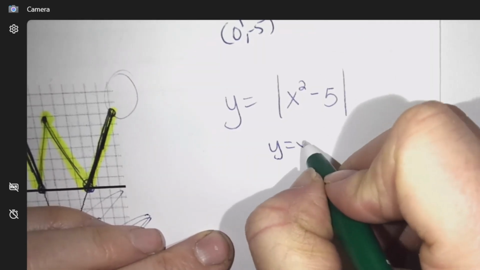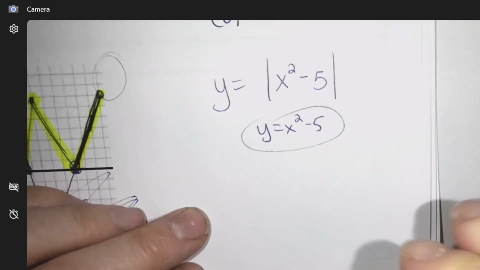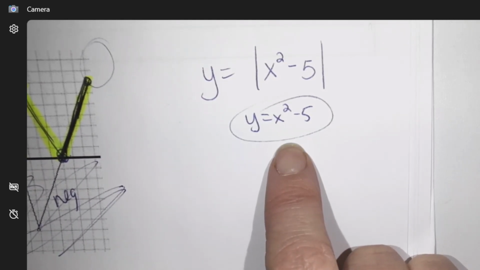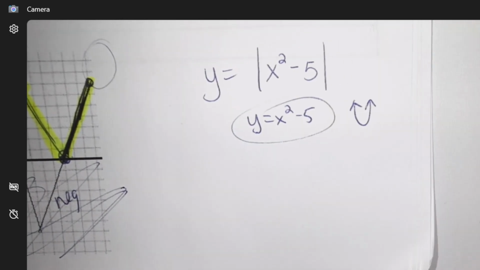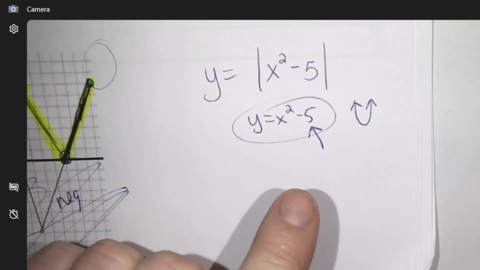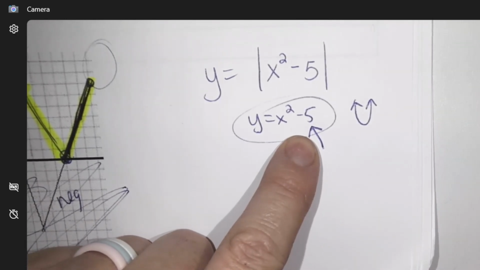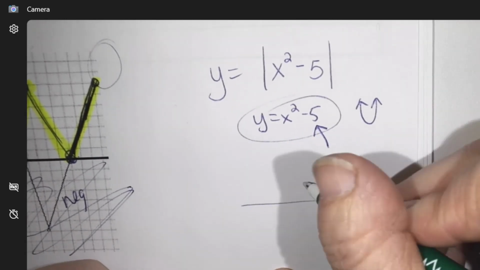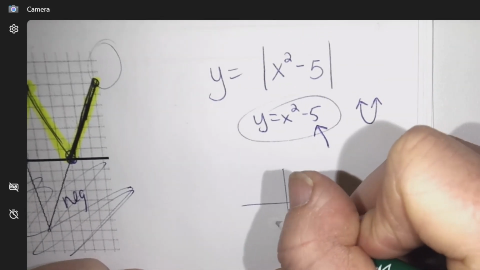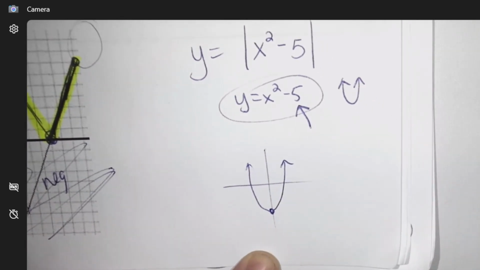Because first of all, what's going to go on with the graph of this? Who remembers this? This is like half of our year this year. What's that shape? It's a parabola like that, right? Remember that? What do you know about that parabola? Moves it down 5.